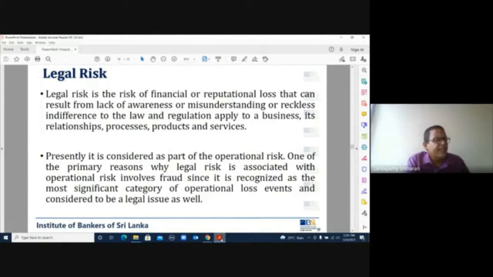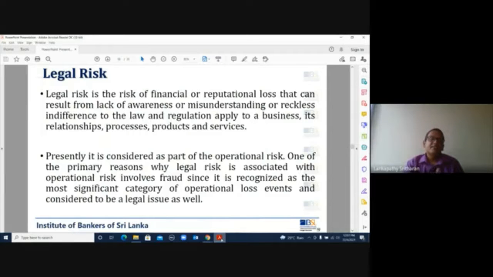I saw 1 million and 2 million. They imposed some penalty, but for a bank, it's not a big amount. But still, it's a financial loss. On top of the financial loss, reputational loss is a very important thing. So, due to lack of awareness and misunderstanding of a particular law, they may be exposed to the risk called legal risk.